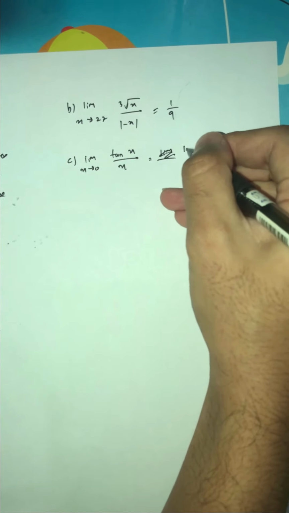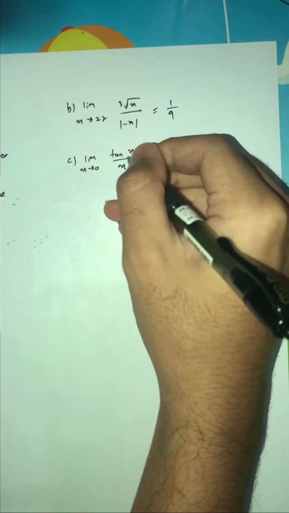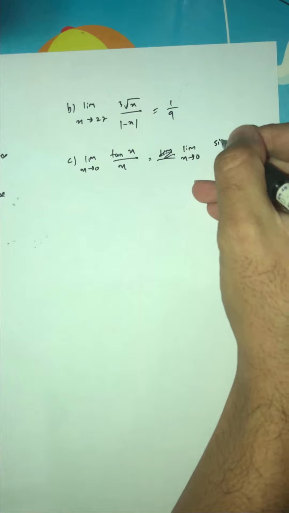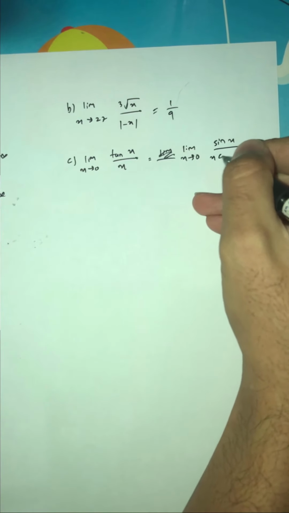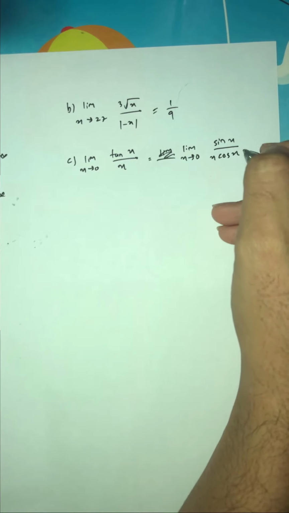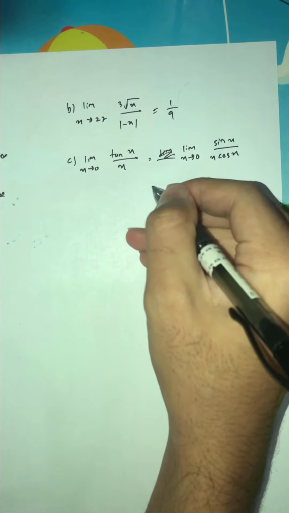Tangent x is equal to sin x over cos x, right? So this is still, if you plug in straight away, it is still 0 over 0. So you need to use L'Hopital's rule.